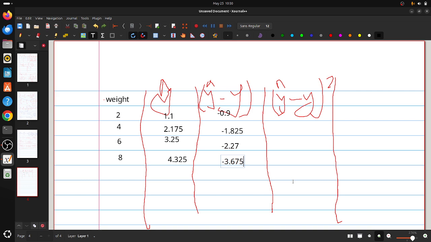So the squared values of those. The squared value for this will be positive 13.505625.